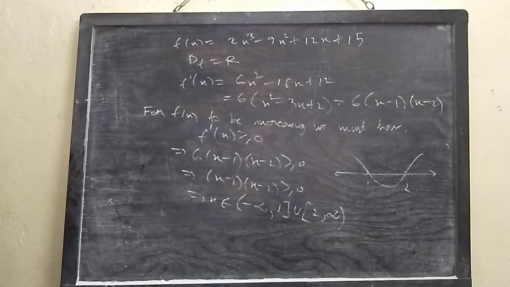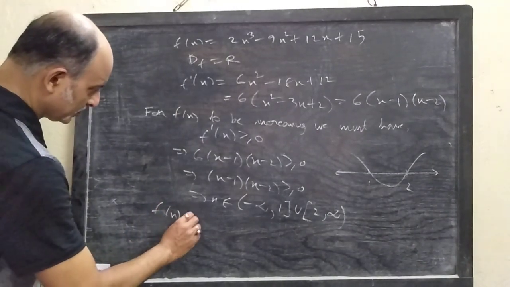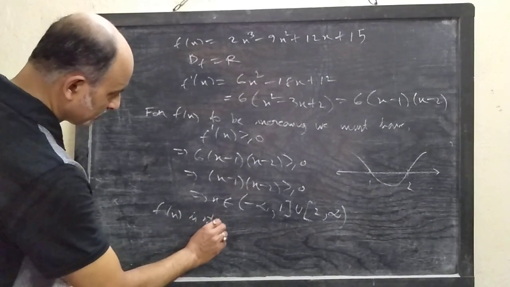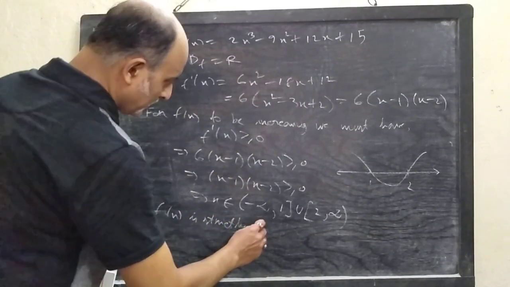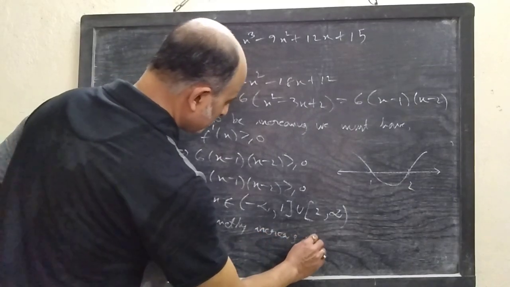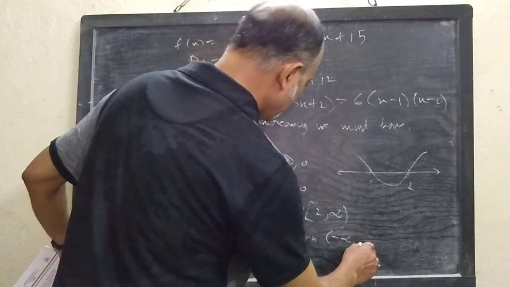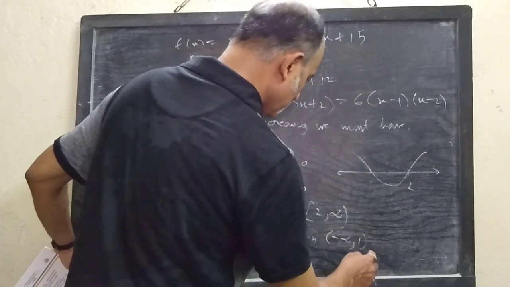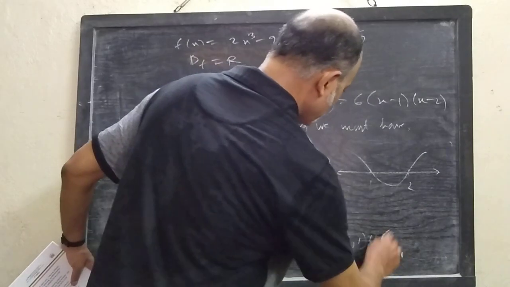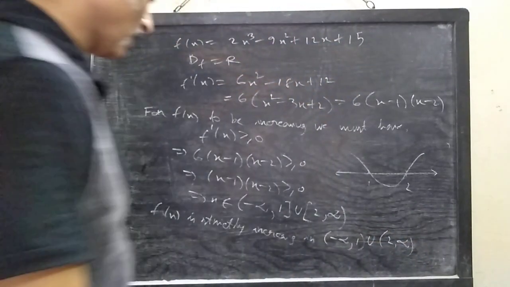But if you are asked to find strictly increasing, so write f(x) is strictly increasing in minus infinity to 1 open, union 2 also open because strictly greater than 0, then 2 to infinity.